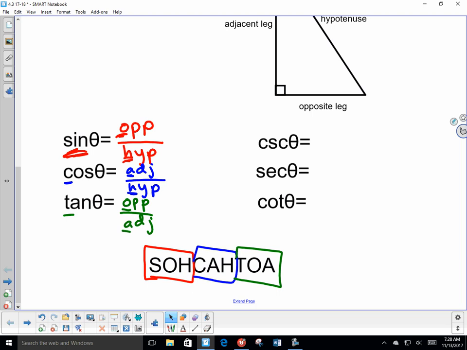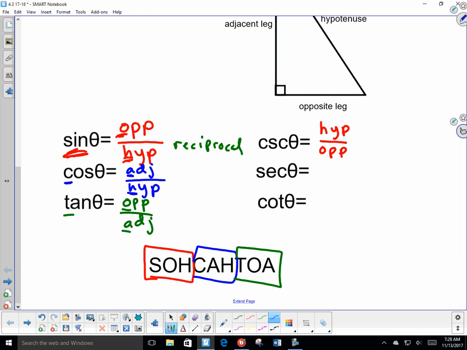Now, what about these other 3 trig functions, cosecant, secant, and cotangent? Cosecant is just the reciprocal of sine. So sine and cosecant are reciprocals. That means that the cosecant of theta is going to be the hypotenuse divided by the opposite. So if we know those lengths, we can divide them and get the cosecant of the angle in question.